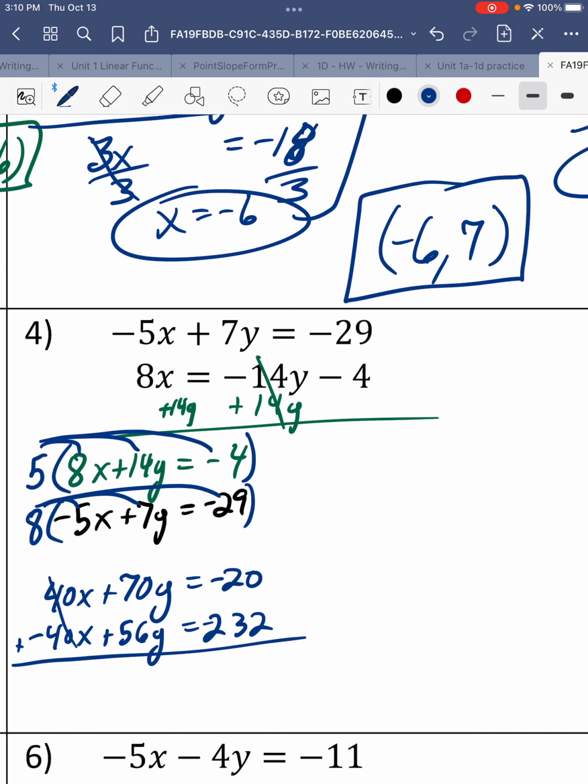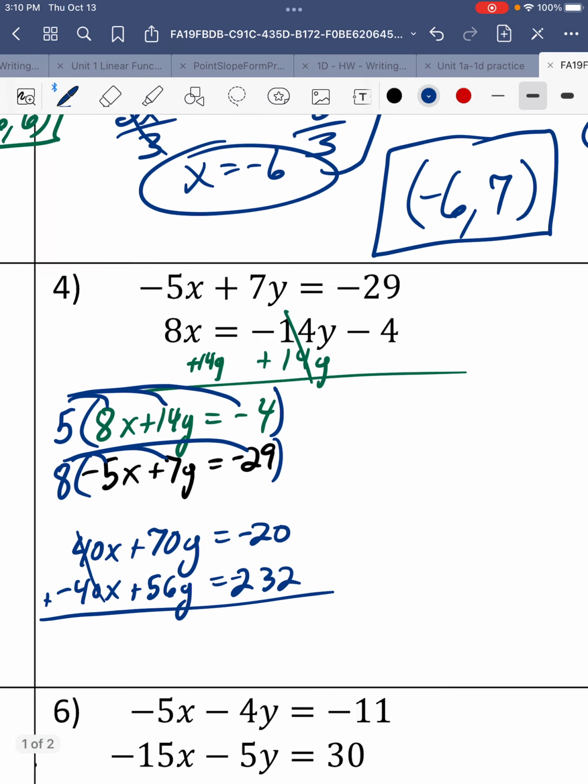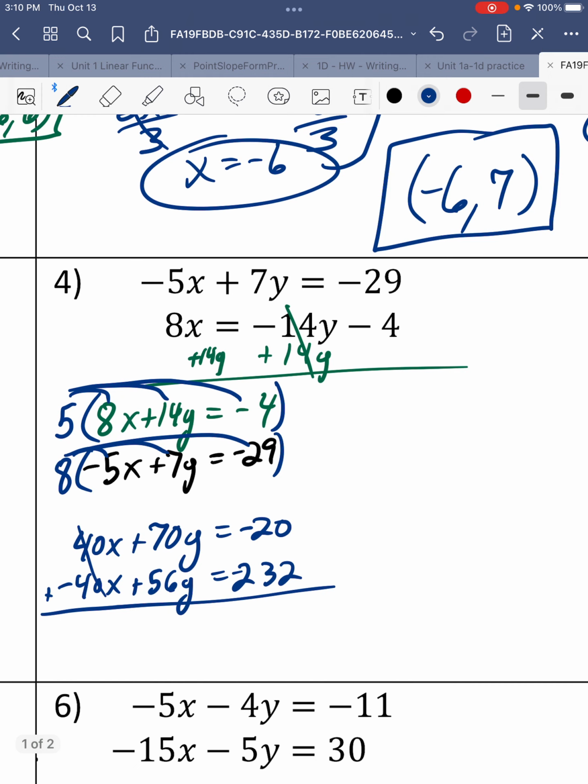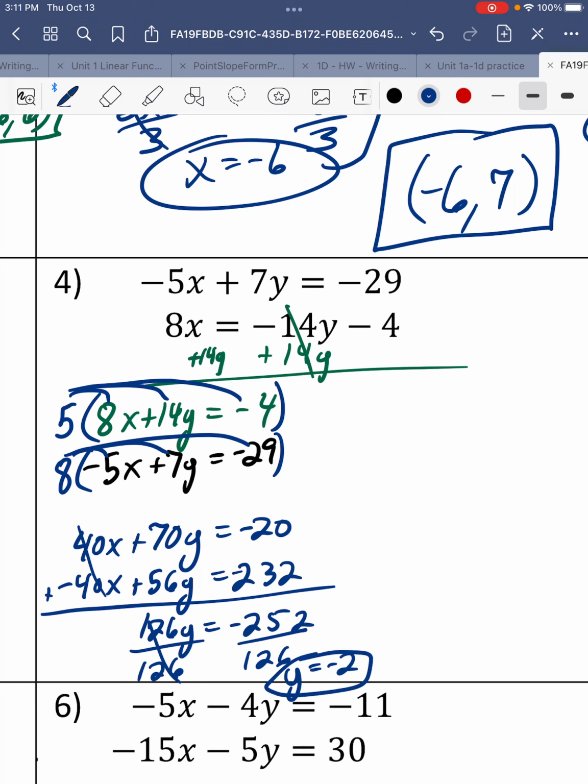Add these vertically. Man, these are some big numbers. 70 plus 56 is 126. Should really have a calculator for this. Divide by 126. The y value is going to be negative 2. Okay. There's my y value.